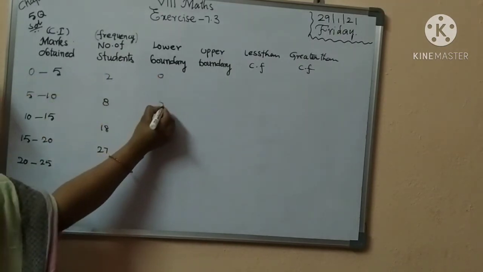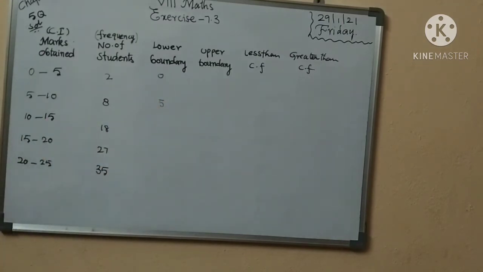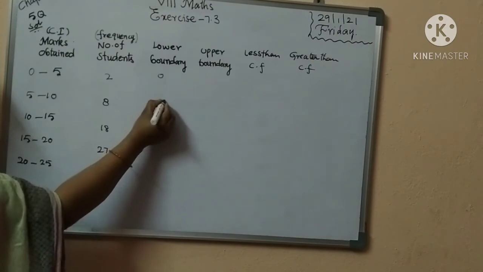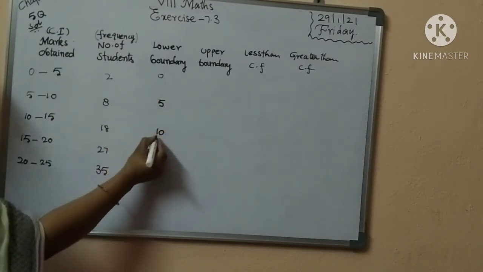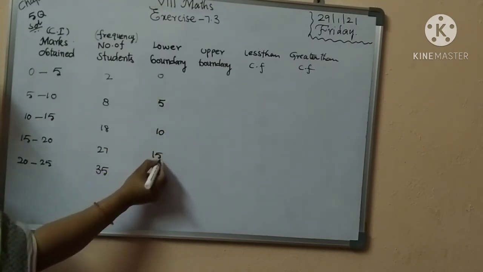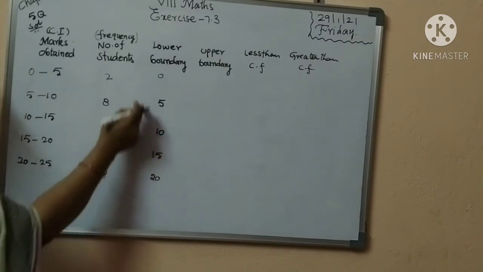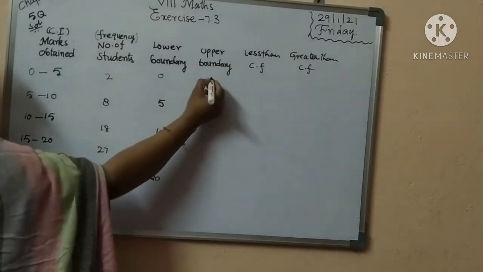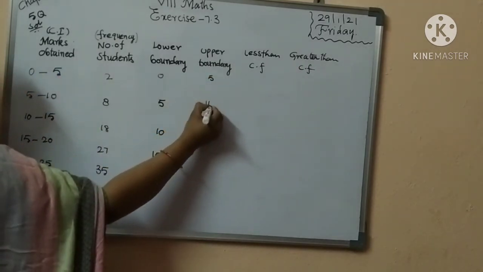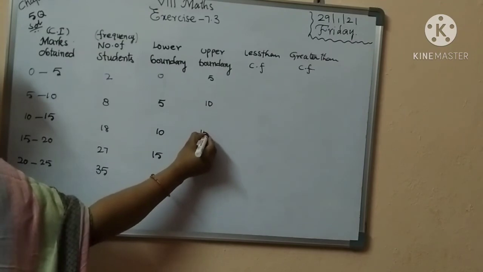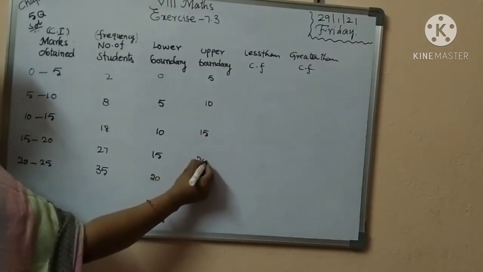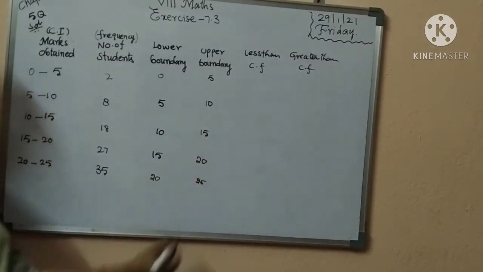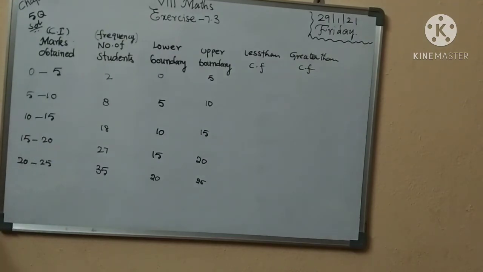Next 5, next 10, 15 and 20 are the left side values, considered the lower boundary. Next, upper boundary: 5, 10, 15, 20, 25. These are the upper boundary values.